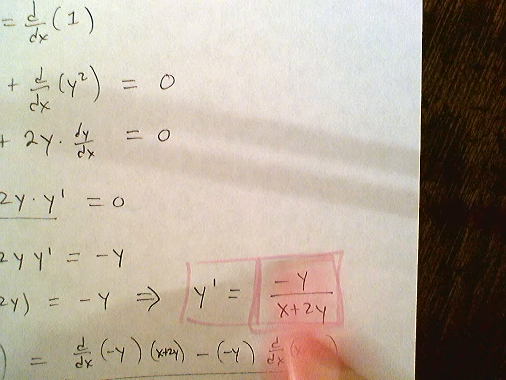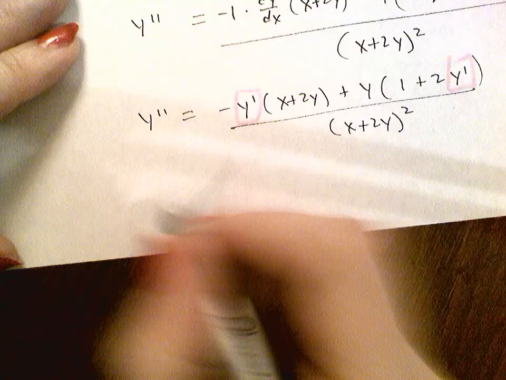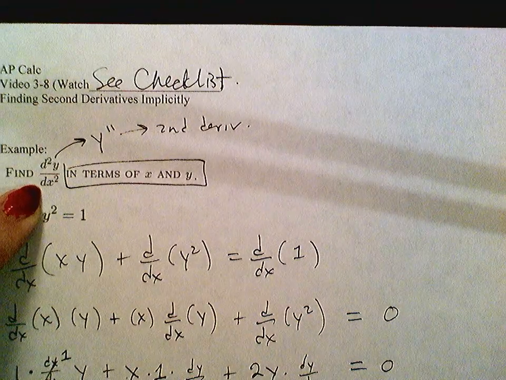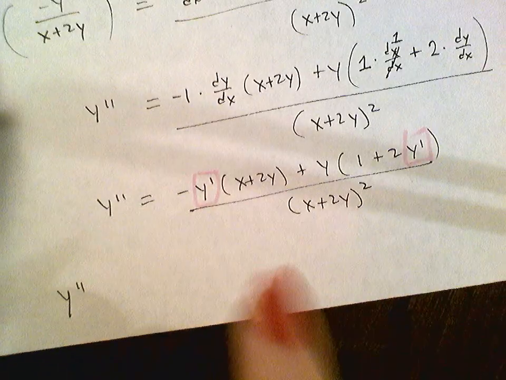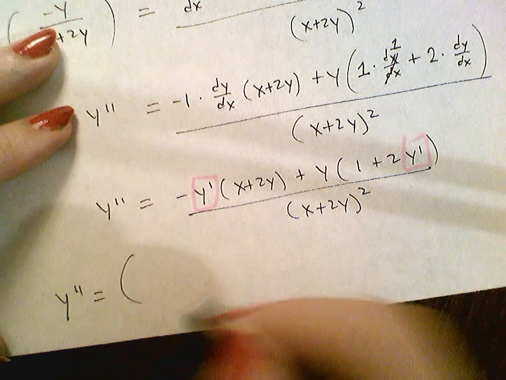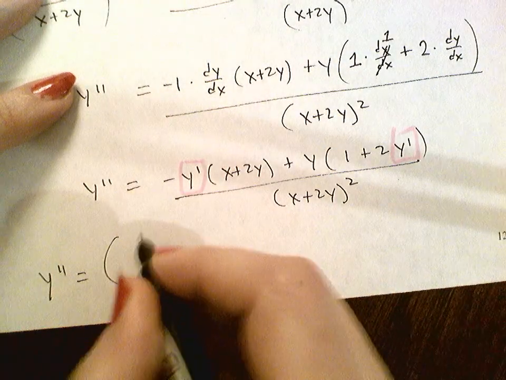It's going to be super messy. So finally, in the end, y double prime is equal to, it's going to be a mess. Okay, in for every y prime, I'm putting this. So I'm going to end up with a positive because I'm negating the fraction.